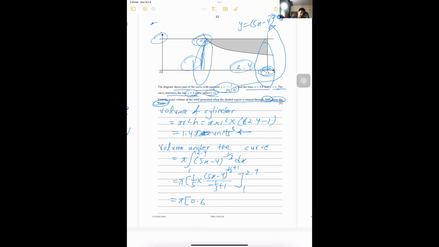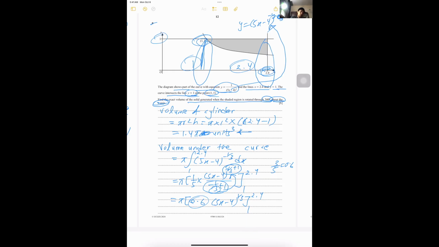Here it will be 1 by 3 in the bottom, 1 by 3 in the power, and I hope you know what 3 by 5 is. So the 3 goes up, right? So 3 by 5 is 0.6. I've just written it 0.6 here. And again 5x minus 4 to the power of 1 over 3, 2.4 and 1.